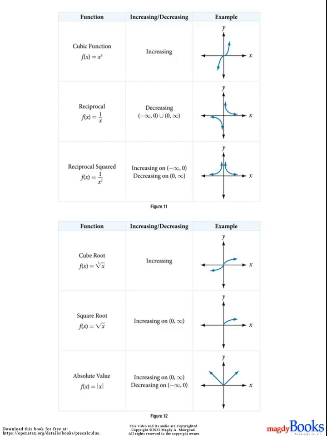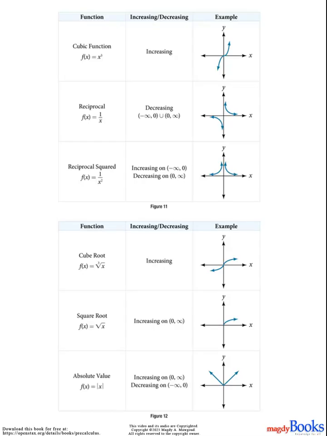Reciprocal squared. f of x equals 1 over x squared. Increasing on (negative infinity, 0), decreasing on (0, infinity).